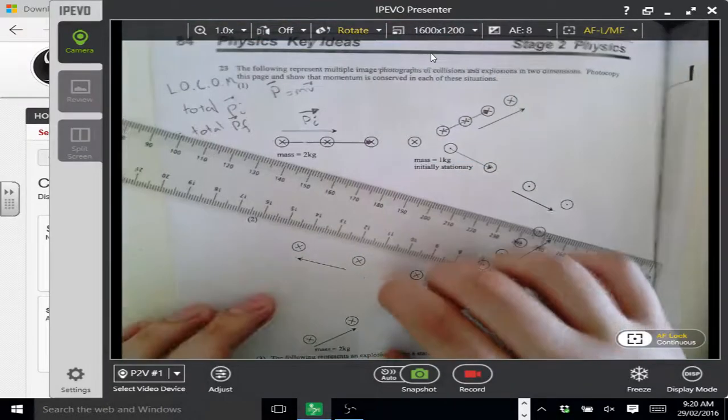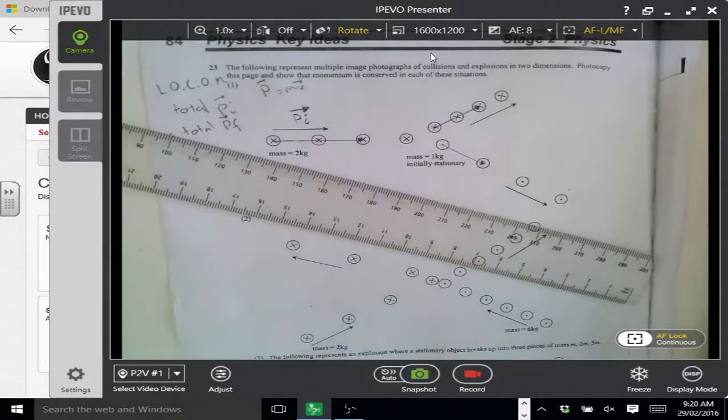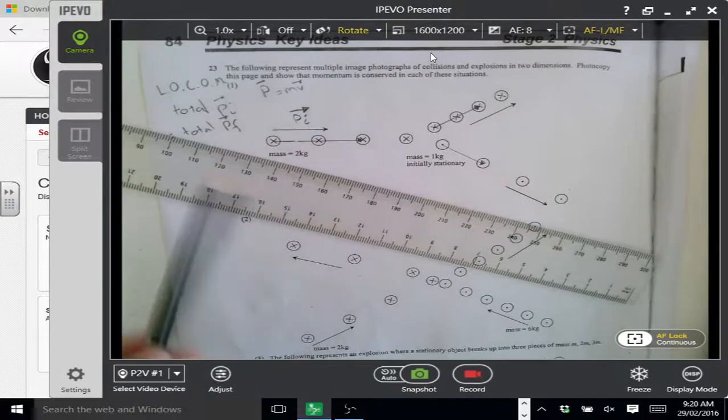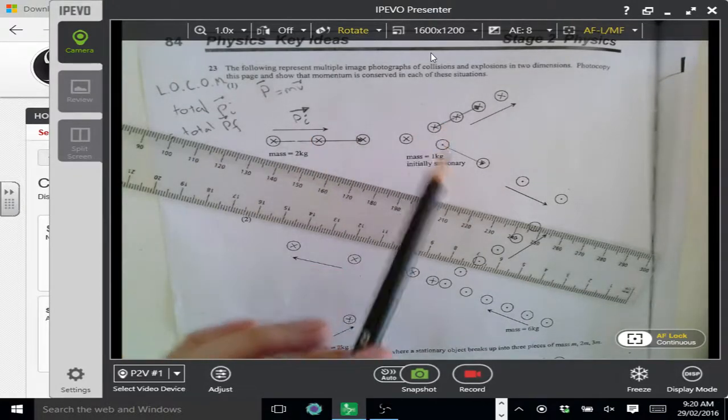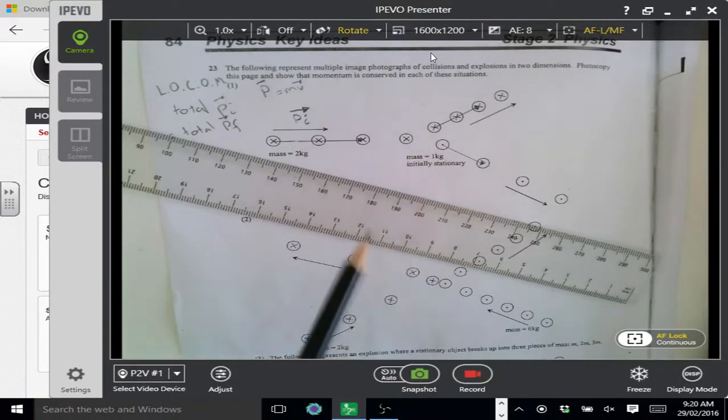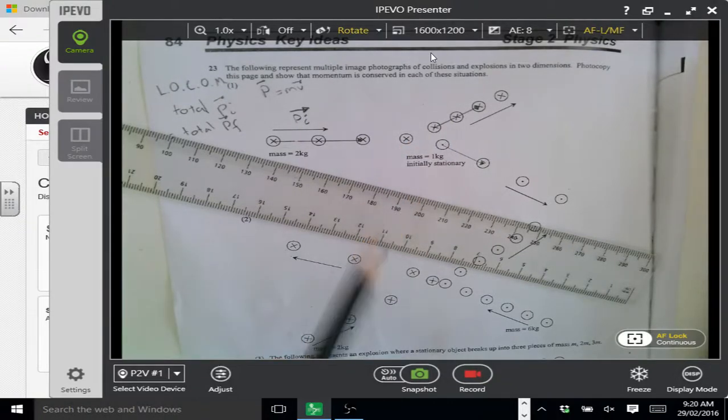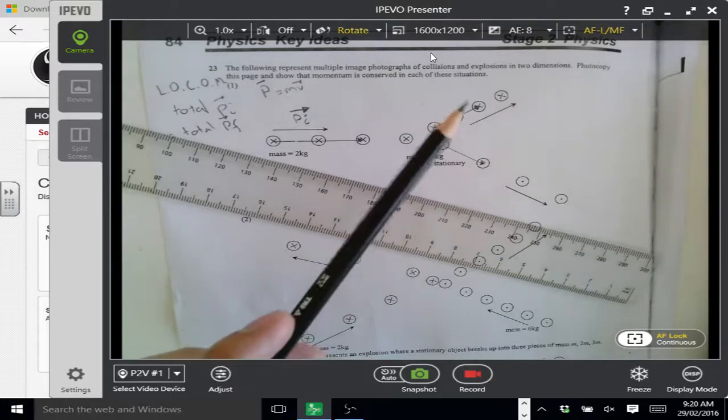Okay, now, all right, so everyone's happy so far. We've got the initial momentum of the first body and the final momentums of the other 2 bodies. Okay, so now we want to demonstrate that the law of conservation of momentum is happening here. What we need to do is add the final momenta.